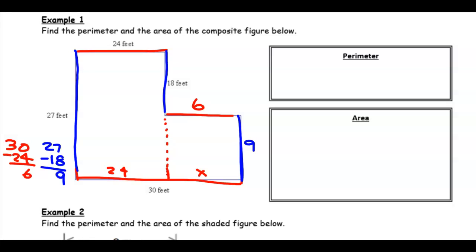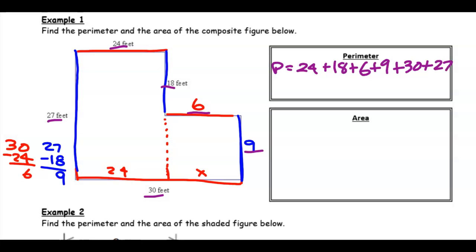Now, do I know every side? Yes. So now I can find the perimeter, right? Add up all the ones I know. Sorry, all the ones on the edge. So, P equals, start at the top, doesn't matter where, 24 plus 18 plus 6 plus 9 plus the bottom the whole way, which is 30, plus the other side, which is 27.